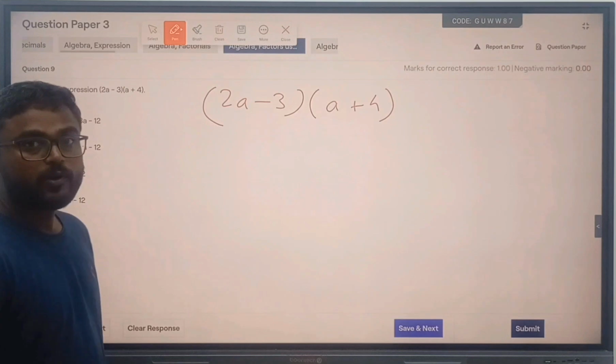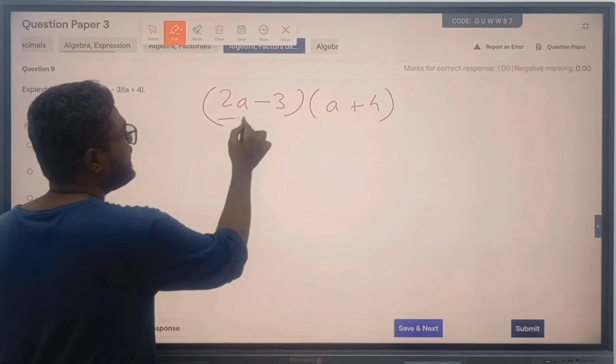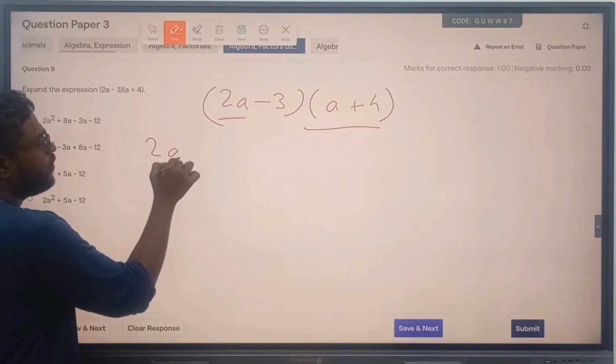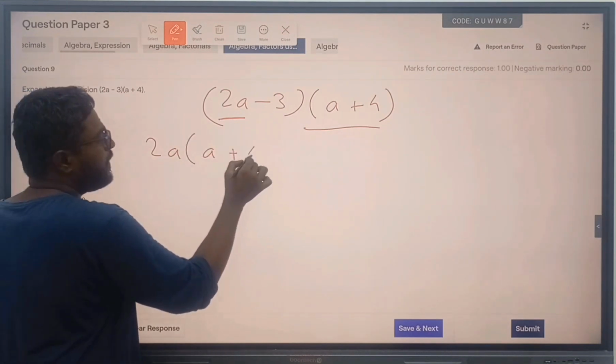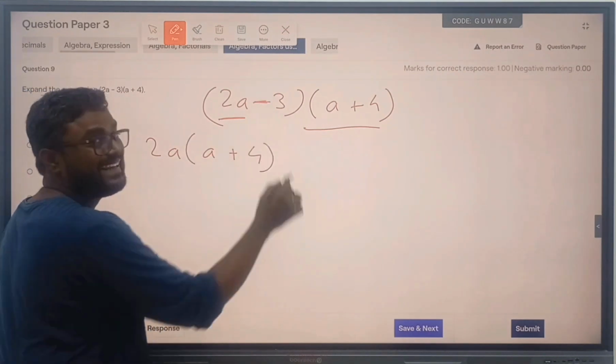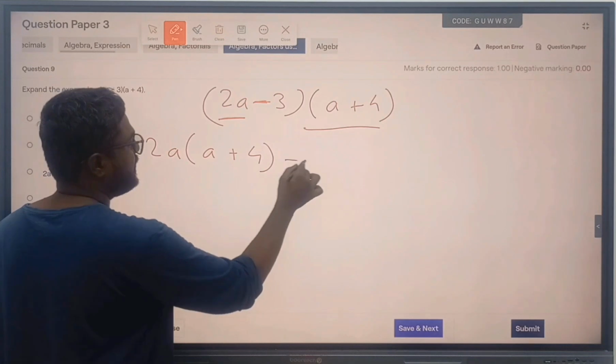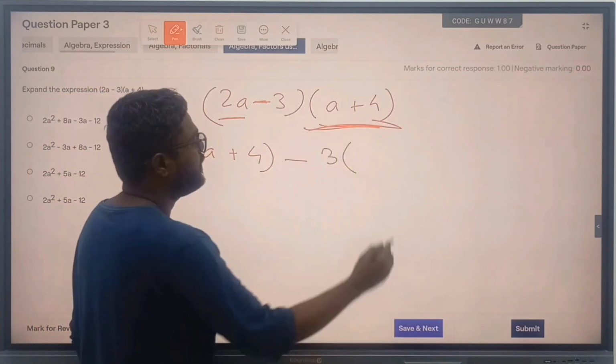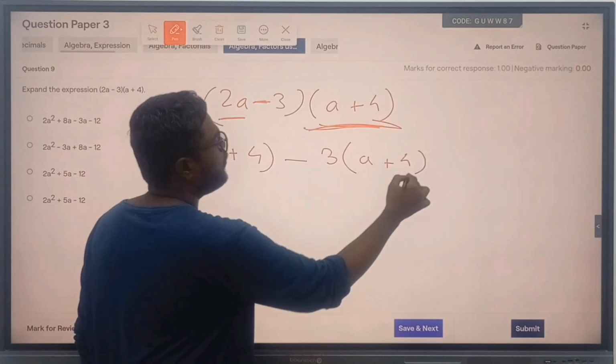According to the distributive property, you take this part and multiply it with this. Let's do it: 2a times a plus 4. Then you take the sign in the center, which is minus. Then take this 3 and multiply it with a plus 4.